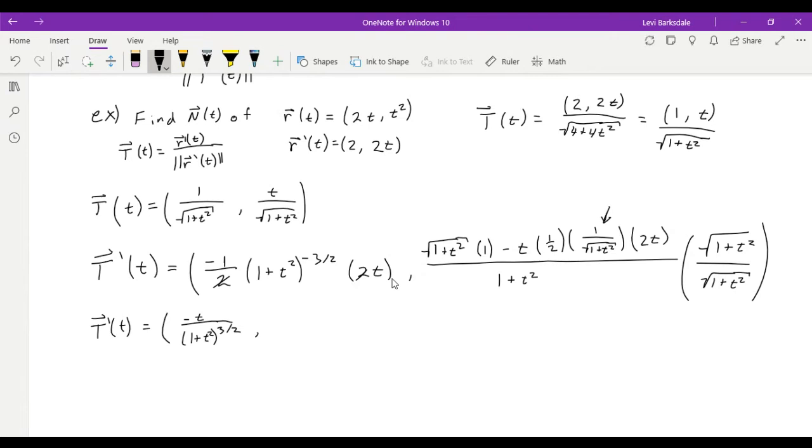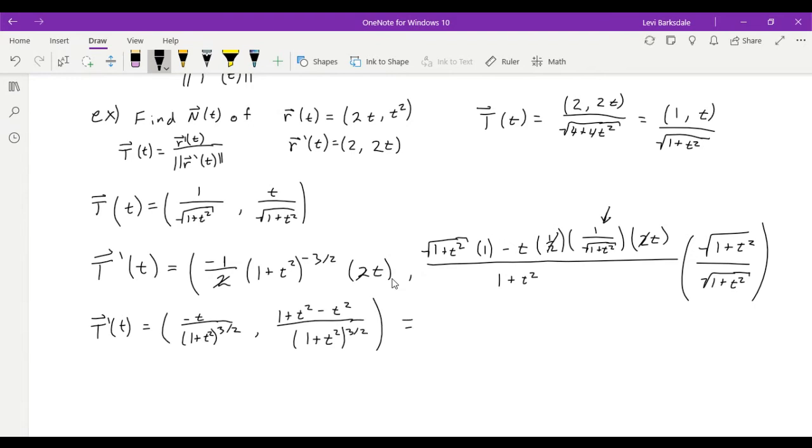So square root 1 plus t squared times square root 1 plus t squared gives us 1 plus t squared. This 1 plus t squared cancels with that 1 plus t squared. This 1/2 cancels with a 2. We're left with minus t squared right here. And on the denominator, we have 1 plus t squared times square root 1 plus t squared, which gives us 1 plus t squared to the 3/2.